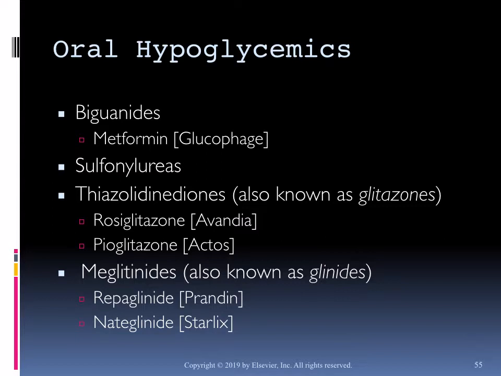And then the sulfonylureas, an example of a sulfonylurea is glipizide. They help the insulin release from the pancreas. It's another one of the older ones. Glipizide, you want to watch for hypoglycemic reactions, just like with insulin.